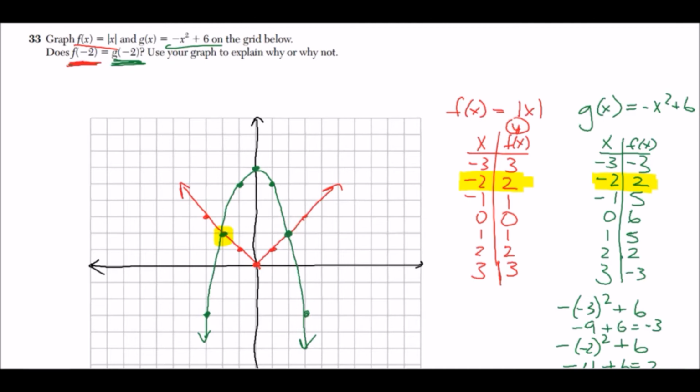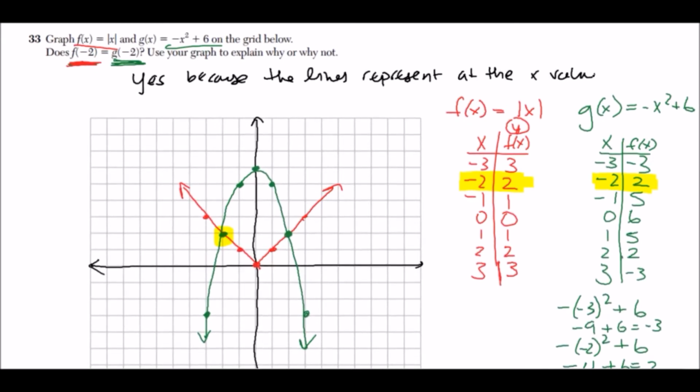So yes, they do equal, because the graphs, the lines representing the functions, intersect at that point. Both functions have a value of 2 by virtue of substituting in the x value.